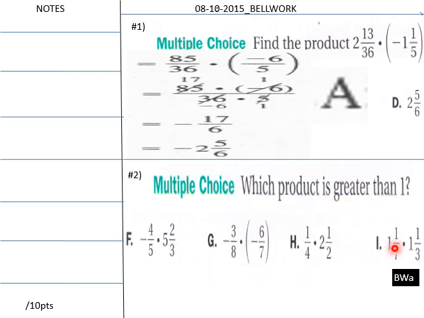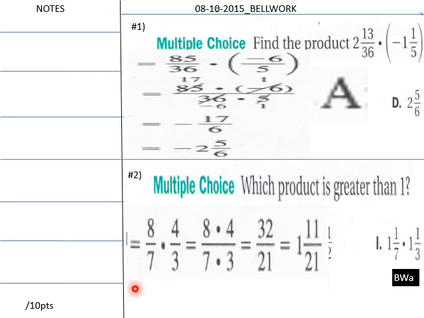So which one of these products is going to produce a number greater than 1? We have 8 sevenths times 4 over 3, which would be 32 21sts, which would be 1 and 11 21sts, the correct answer for number 2.